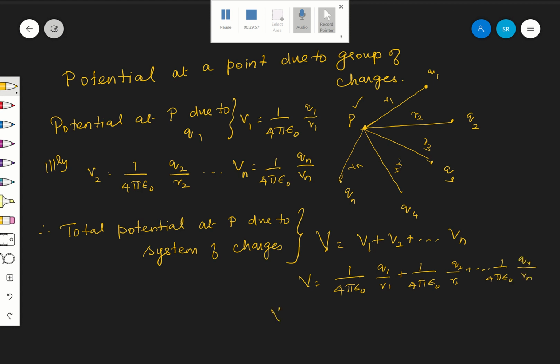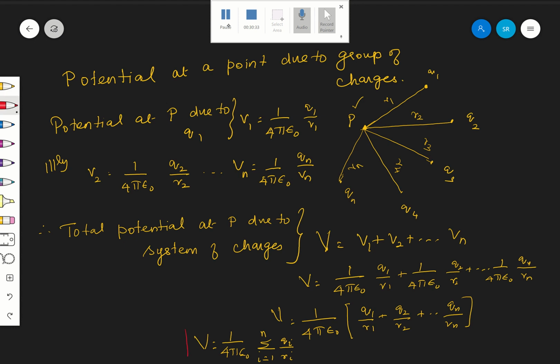Therefore, that is V. If I take 1 by 4 pi epsilon naught out, you will get Q1 by R1 plus Q2 by R2 plus etc. Qn by Rn. That is V equal to 1 by 4 pi epsilon naught sigma i equal to 1 to n, Qi by Ri.